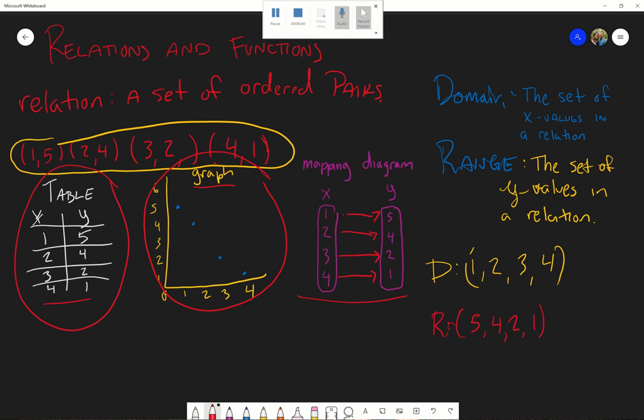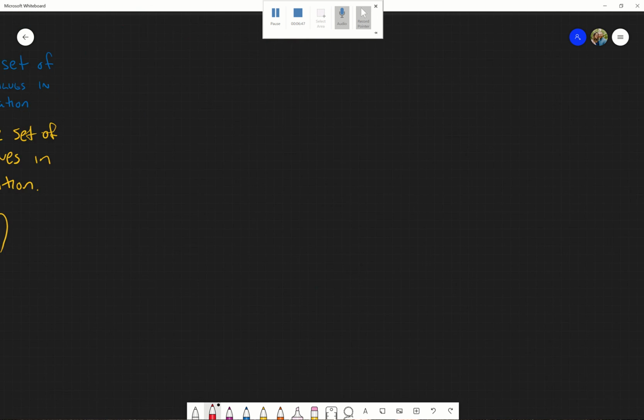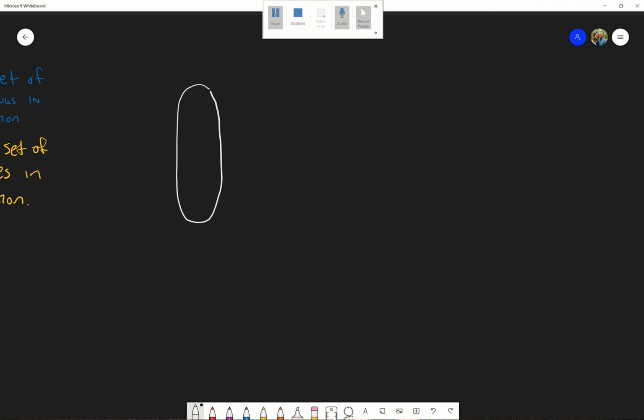Let's say I had a mapping diagram and it looked something like this. We'll go 6, 5, 2, 1, and -4, -1, 0.